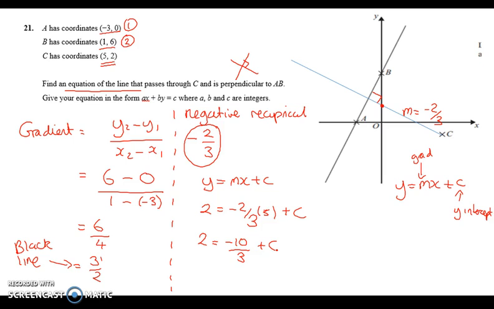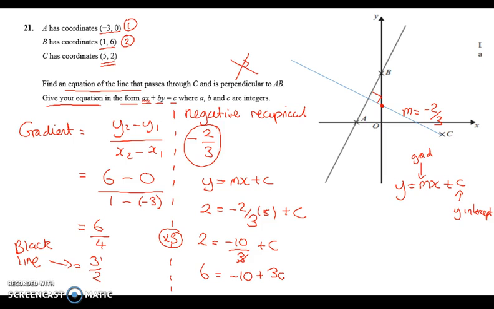Then we can start by getting rid of our fractions, so we need to times everything by 3. 2 times 3 is 6. Minus 10 over 3 times 3, the 3 will just cancel out, so that's minus 10, plus 3c.